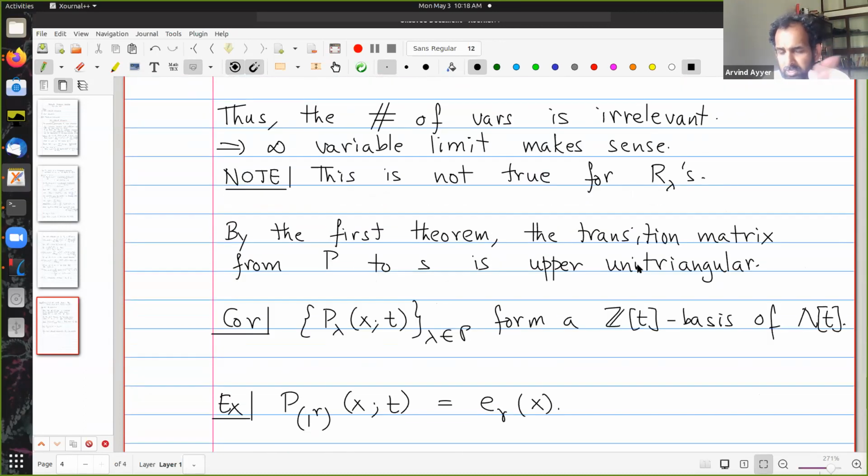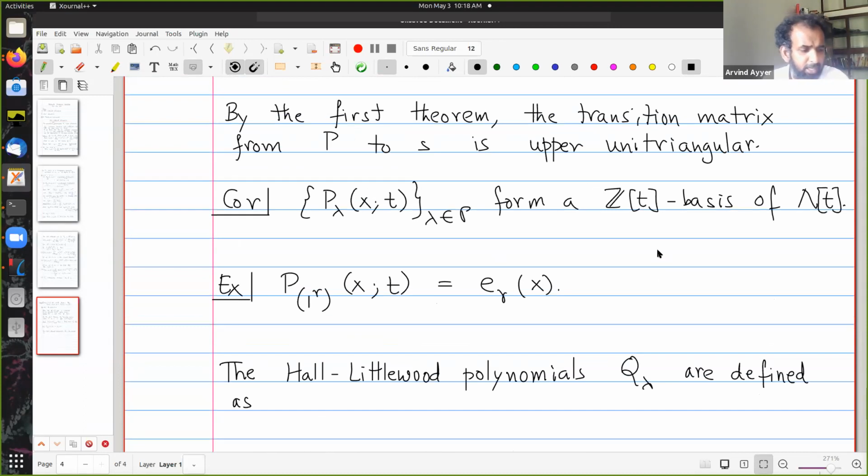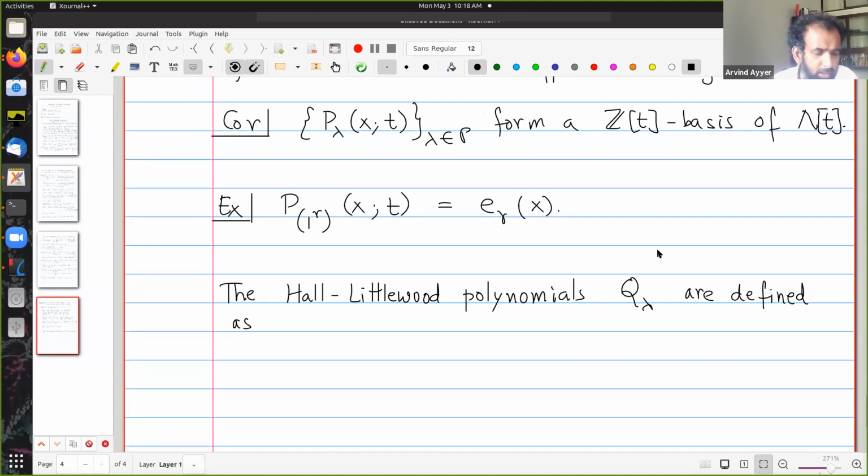So one way is to just kill that factor, but the other way is to multiply it by some other coefficient to make it behave stably. So Q lambda of x, t, I'll again define it directly with infinitely many variables, is b lambda of t times P lambda of x, t.